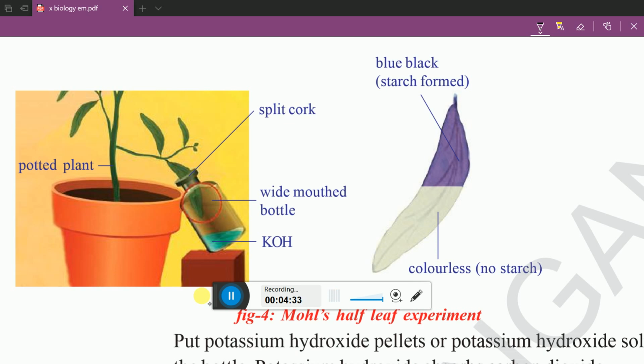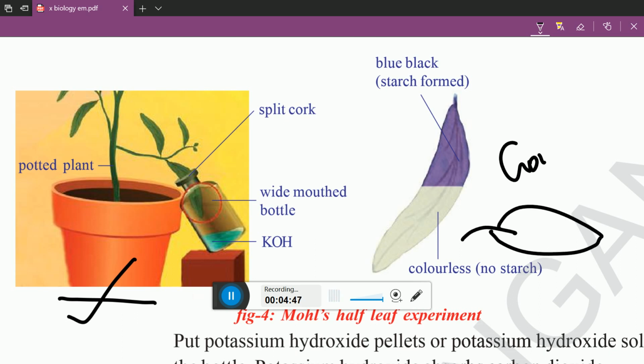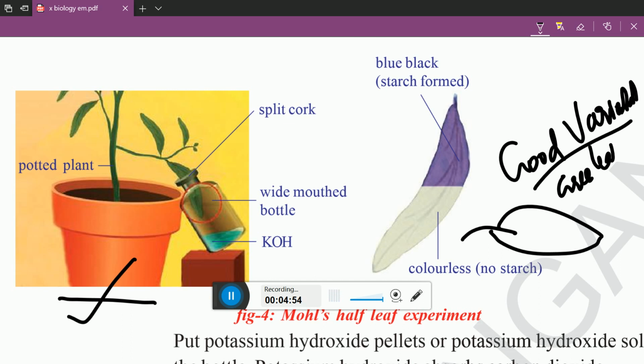We take the potted plant after 2 to 3 days, that means after the de-starching method, and select a good, variegated green leaf, a perfect leaf.